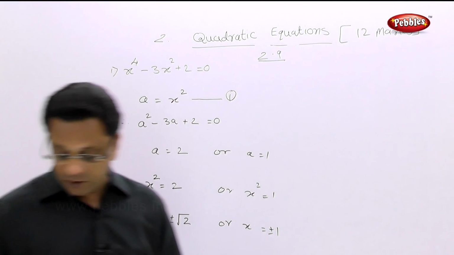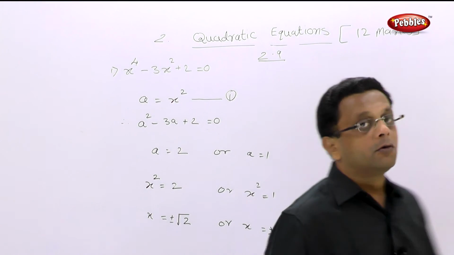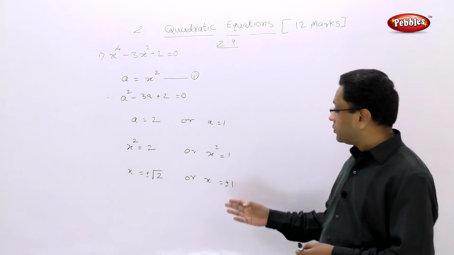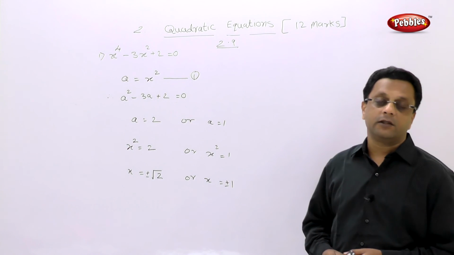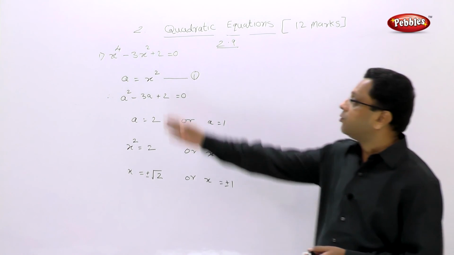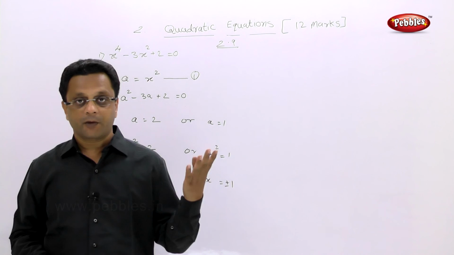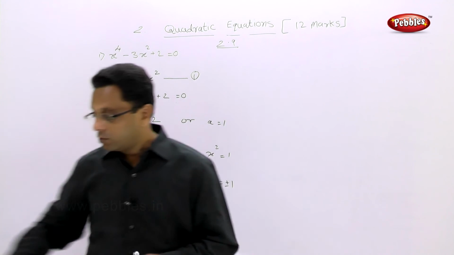So ultimately our answer is x is equal to plus root 2, x is equal to minus root 2, x is equal to 1 or x is equal to minus 1. So when you have the degree 4, you get 4 roots.